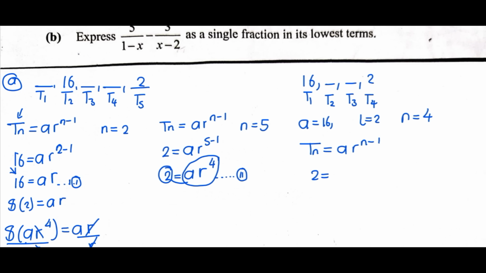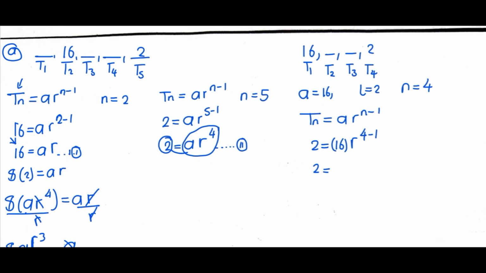Is equal to, what's our a? Our a is 16, so we put 16 here. Then r to the power 4 minus 1. So we have 2 is equal to 16 times r^(4-1), which is r^3.